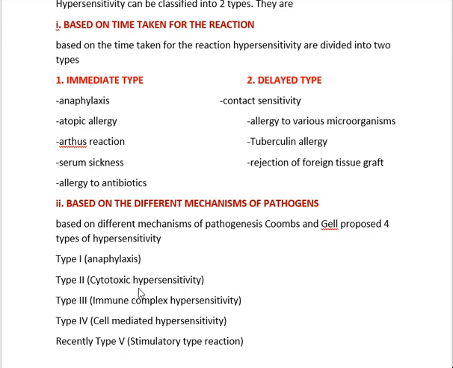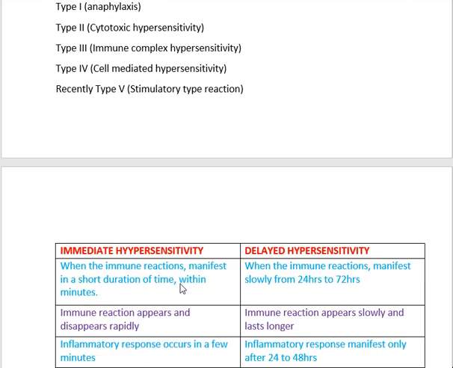Type 2 is also called cytotoxic. Type 3 is also called immune complex hypersensitivity. Type 4 is called cell-mediated hypersensitivity. And the fifth one is called the stimulatory type reaction. Okay, so let's see all the types of hypersensitivity in detail now.